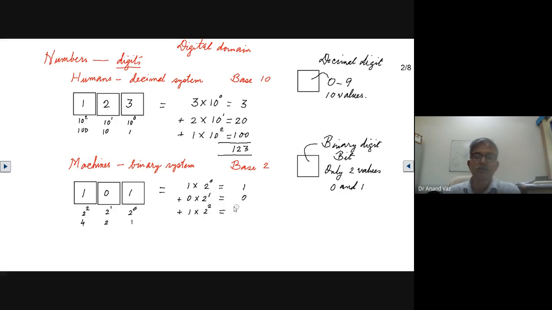So this is equal to 1 into 4, that is 4. And when you perform the addition, you get 5 here.